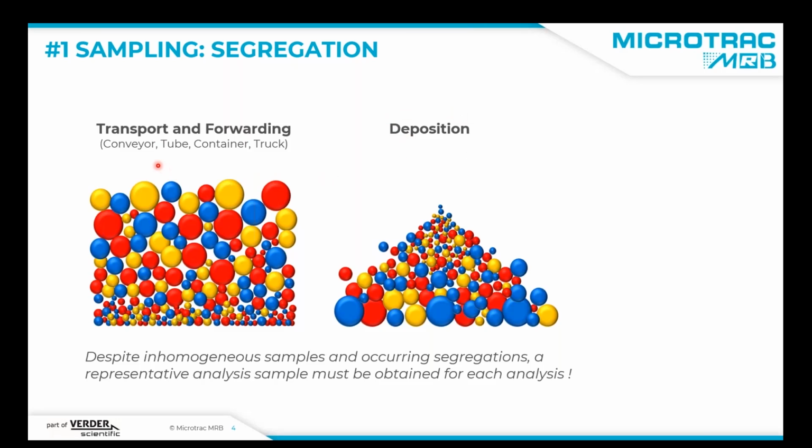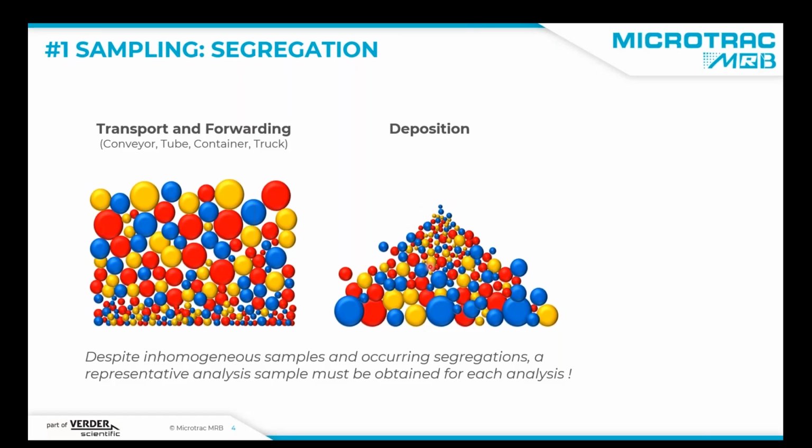When you transport the material on a conveyor belt, in a tube, in a container, or on a truck, you usually see that the fine particles move to the bottom of the container, in between the big ones, in the voids, and they will collect at the bottom. During deposition, something similar happens, but here the big particles will collect in the lower part of the pile and on the outer part of the pile, and in the inner part you will have a concentration of smaller particles.